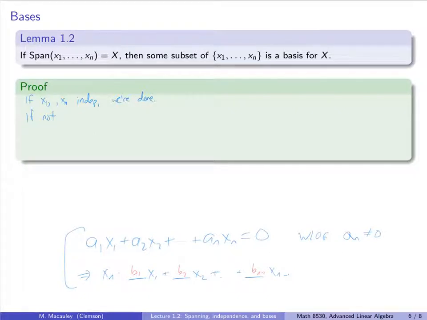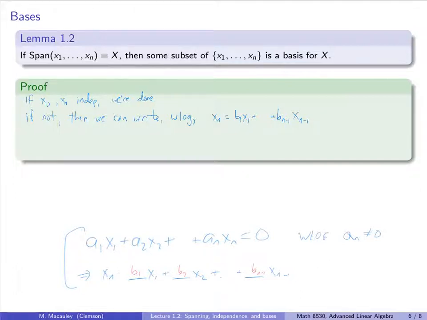This is something that I would assume that the reader can figure out. So we can say, if not, then we can write without loss of generality xn to be b1 x1 plus up to bn minus 1 x to the n minus 1.